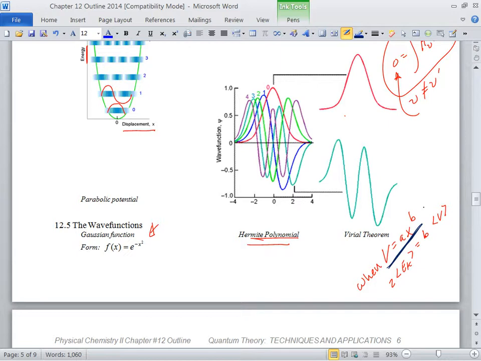What do they mean when they write brackets in this stuff? Average. That's their way of saying average.